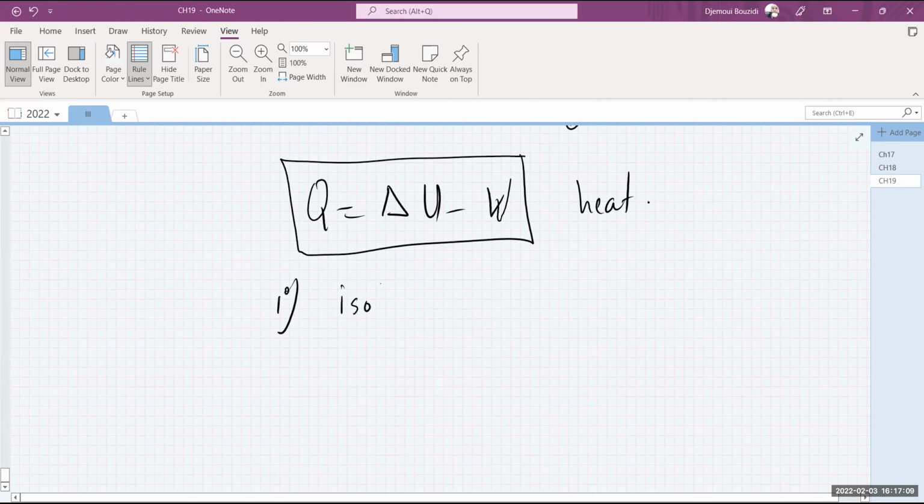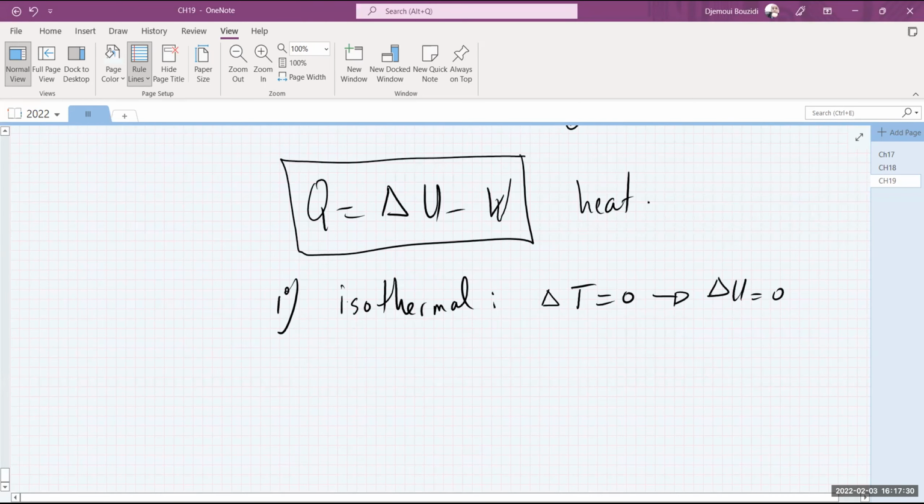The first one is an isothermal process. An isothermal process means the temperature doesn't change, it stays the same no matter what. This has an immediate implication that the energy does not change. Period.